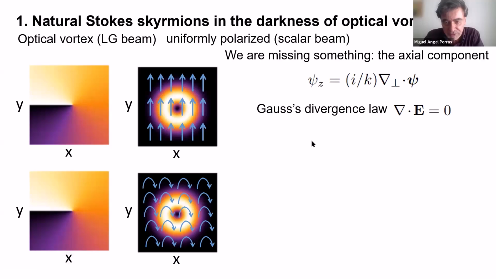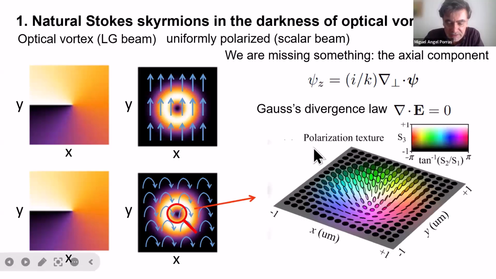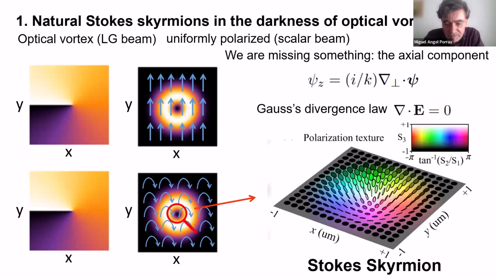Taking into account this axial component, when we examine the close vicinity of the vortex, the phase singularity, we observe a quite rich transverse-axial polarization texture, which is in fact a skyrmion of the Stokes vector.